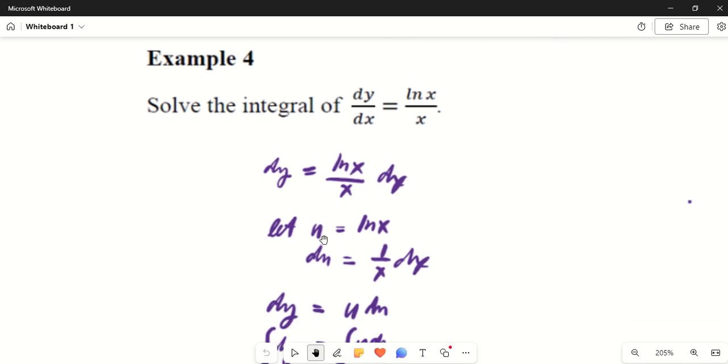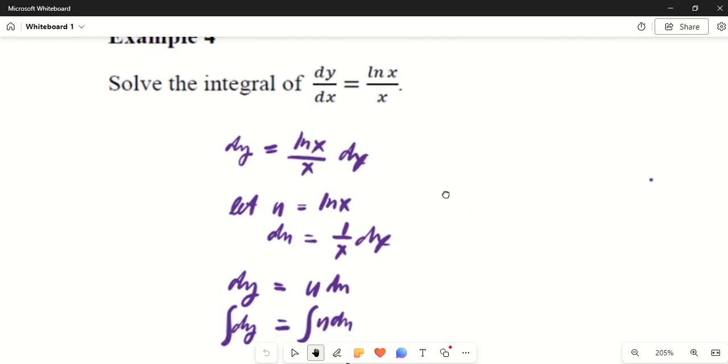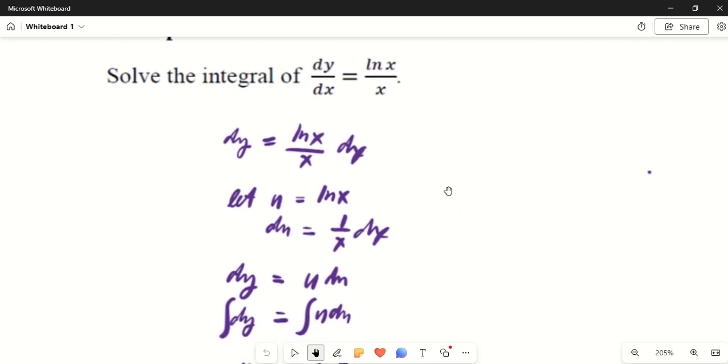So we identify again your u. Here our u is ln of x, and you're aware that the derivative of ln of x is 1 over x. So du therefore is 1 over x dx, or dx all over x. Then substituting u and du in the original equation, we'll be having dy is equal to your ln of x here.